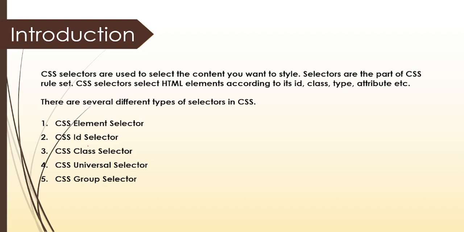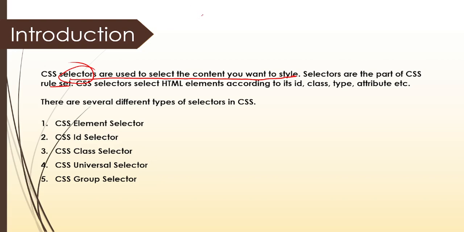Before moving to the definition of class selector, you should revise the basic meaning of selectors. In CSS, selectors are used to select the content you want to style, and selectors are part of a cascading style sheet rule set. So selectors play an important role whenever you are creating a web page, right?